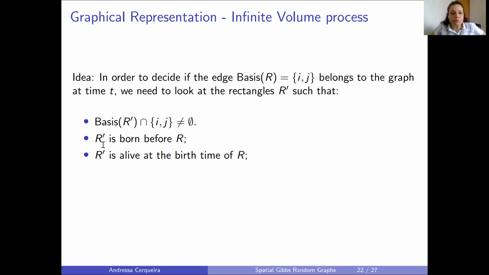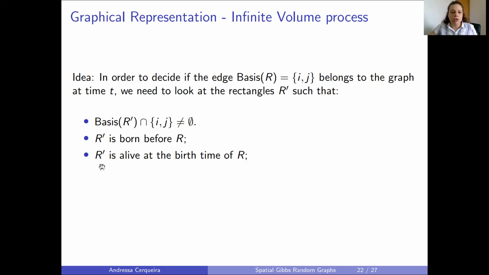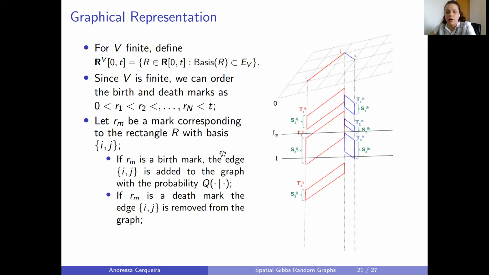We need to look at all the rectangles that were born before rectangle R. So by this picture here, if I would like to decide if I have an edge at this time, I need to look at all the rectangles that were born before, and also I need to look at all the rectangles that are alive at this time interval.